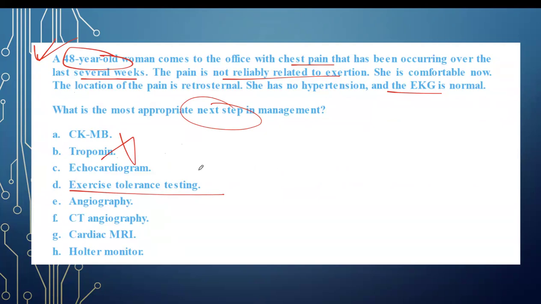Like this question, definitely I don't want to do any investigation in this patient, but you have to choose one option. In a real-life scenario, I would not really bother with the exercise tolerance test if it is not related to exertion. So sometimes you don't like the question, but in the exam you have to choose one option to go to the next question. This is something like that.